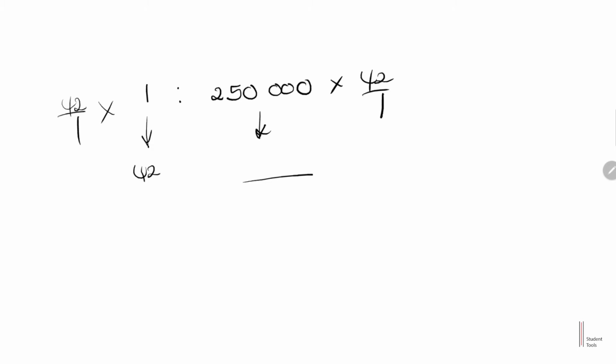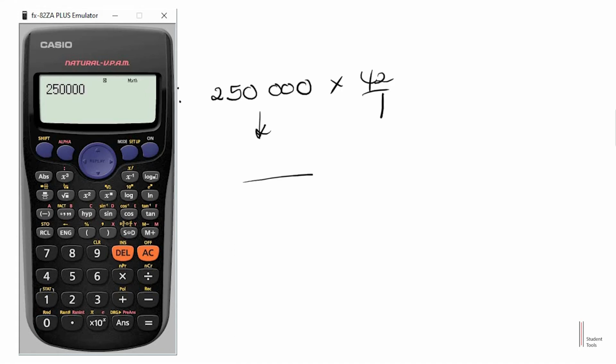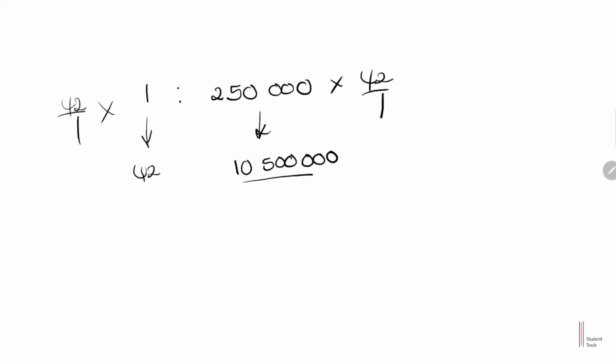So 250,000 multiplied by 42. 42 over 1 is still the same thing as 42. So that is 10,500,000. Alright, so that is the actual distance on land.